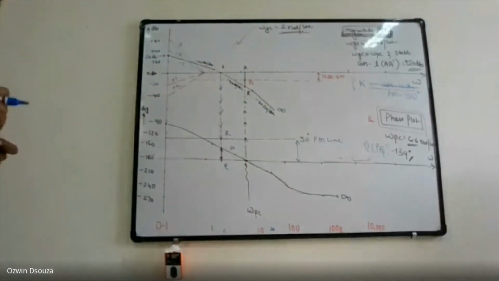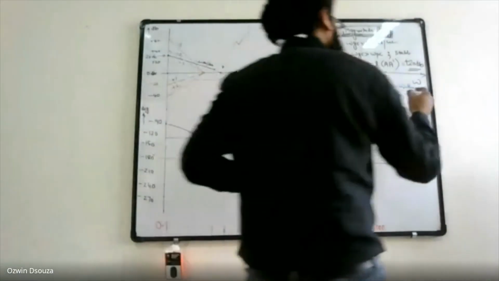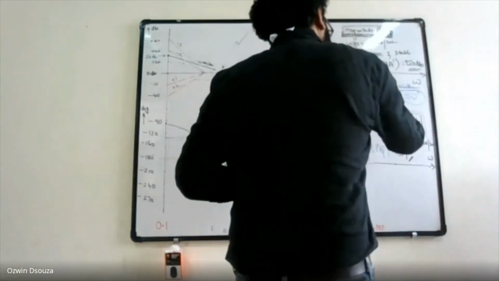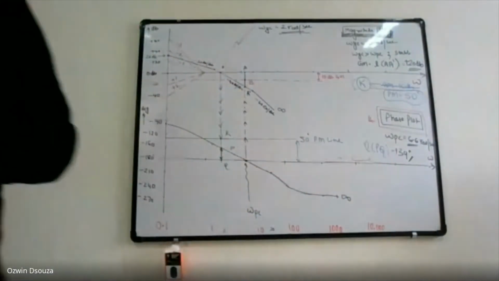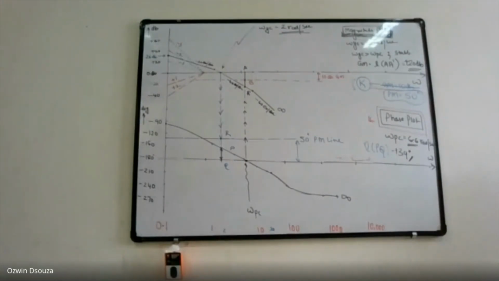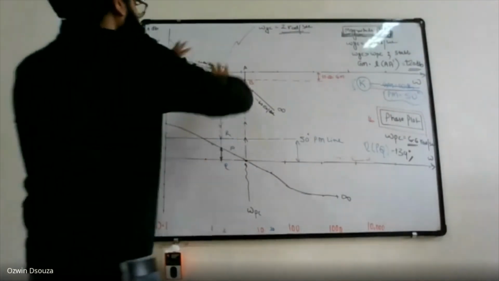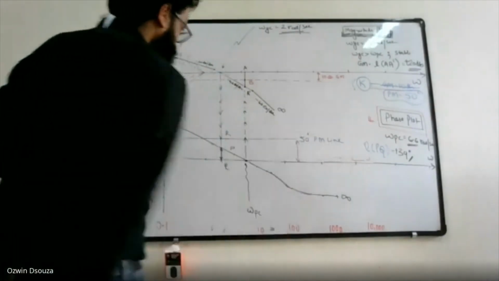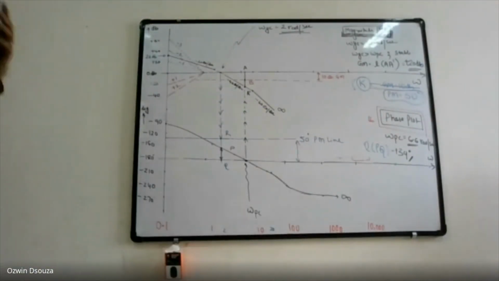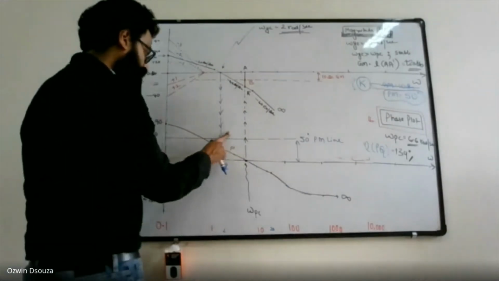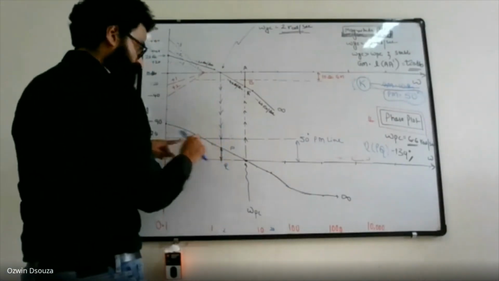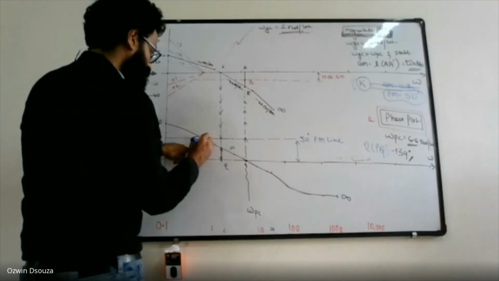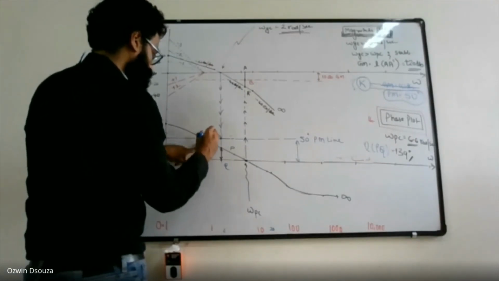Now, again, getting 50 degree phase margin should be achieved by varying K. And the only possibility to get K is from the magnitude plot. So as I said in the beginning, draw a 50 degree phase margin line and locate the point R. So not here, because the line which cuts your phase plot will give point R somewhere over here.